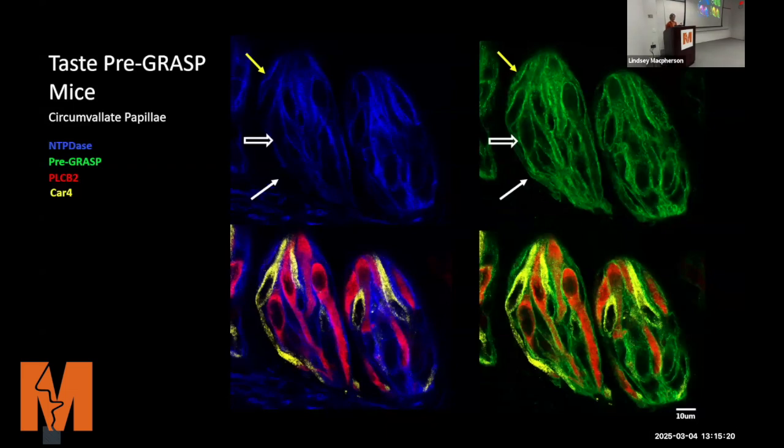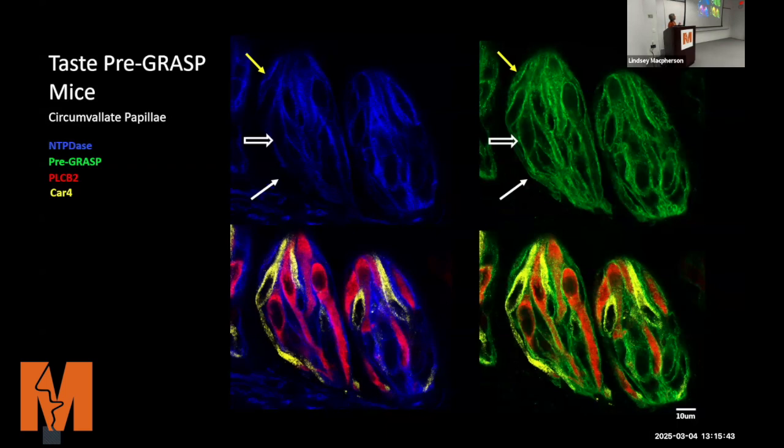So here's one example of the pre-GRASP mouse that we made, which expresses GRASP in all of the taste receptor cell types. Shannon looked at the GRASP expression using immunohistochemistry with an anti-GFP antibody to find out where GRASP is expressed.